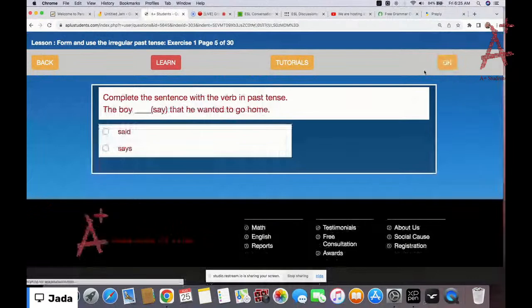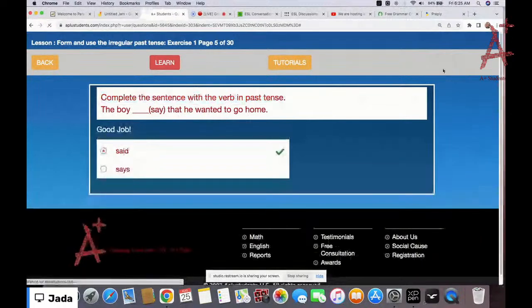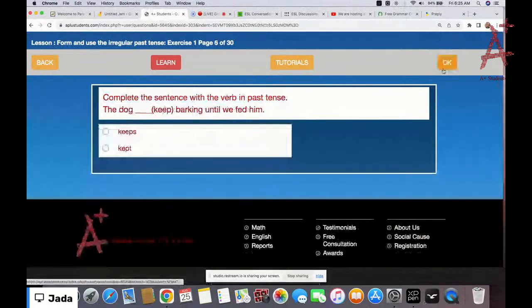The boy said that he wanted to go home. Now the past tense of say is said. The dog keeps, so kept.